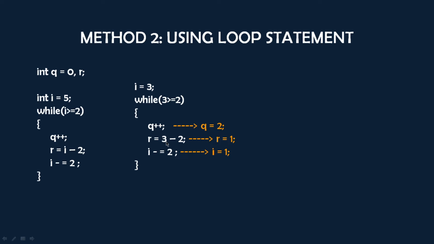And then we subtract 2 from i. So 3 minus 2 is equal to 1. And again we subtract 2 from i. So our i now is 1. And then it loops.